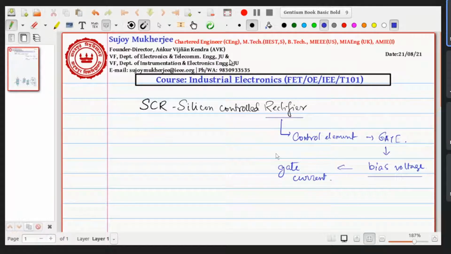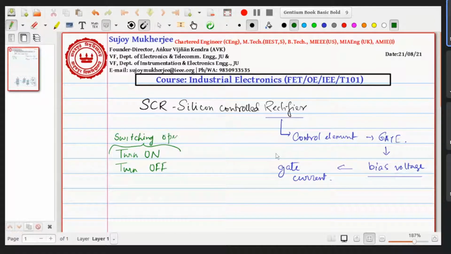In the last class, we discussed another important point: we are interested in two important features, the turn on and the turn off methods, because our main principle is the switching operation.